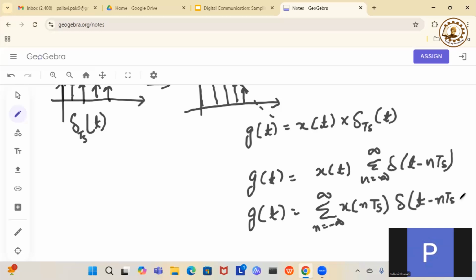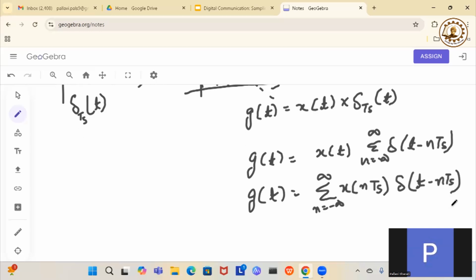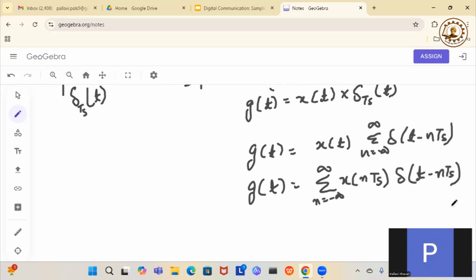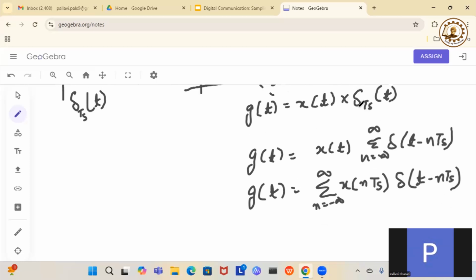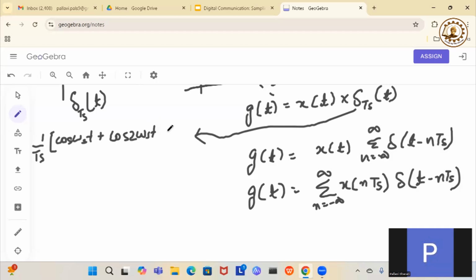This is one way, and the other way of representing was taking the trigonometric Fourier series representation for this delta Ts of t. This also we have done. This one was what? 1 by Ts times, 1 plus cos omega s t plus cos 2 omega s t plus cos 3 omega s t, and this way it was going on, right?